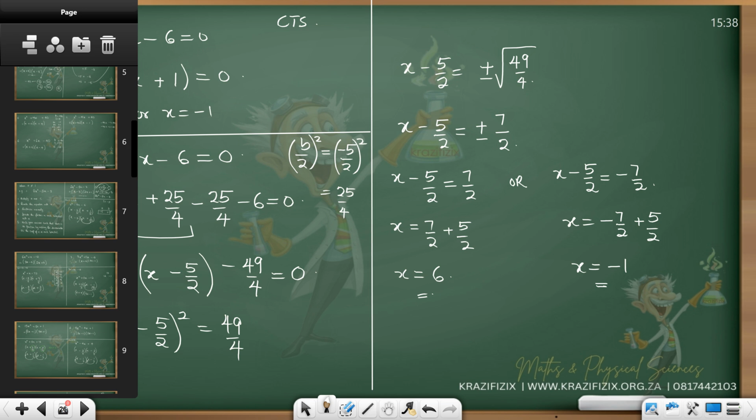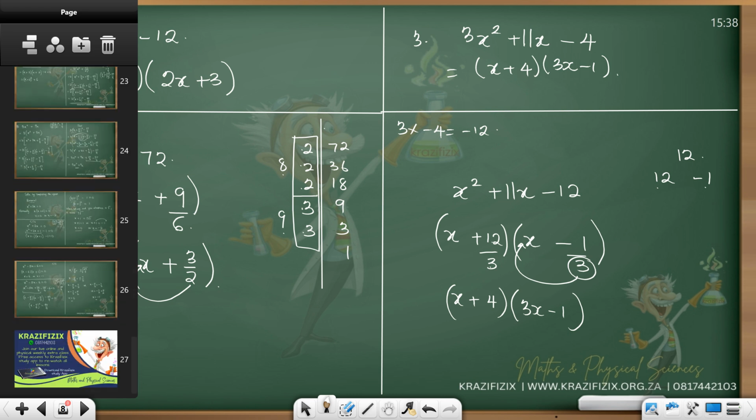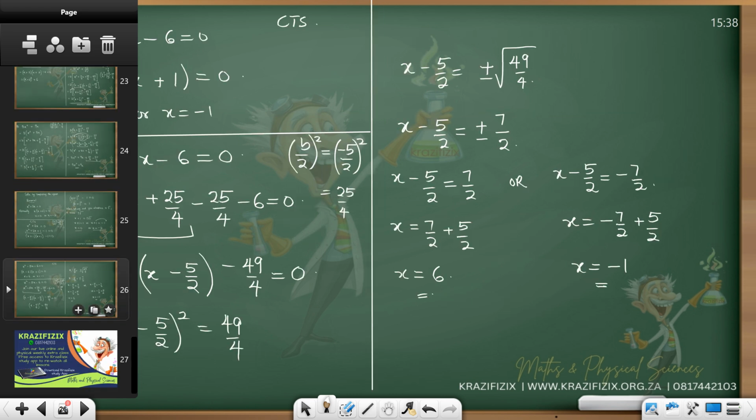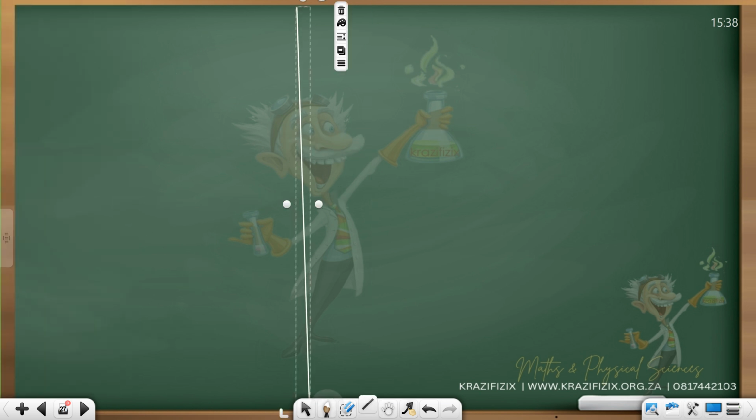Okay, look at this one. 3x squared plus 11x minus 4. All right, I love to revise. 3x squared plus 11x minus 4 equals 0.